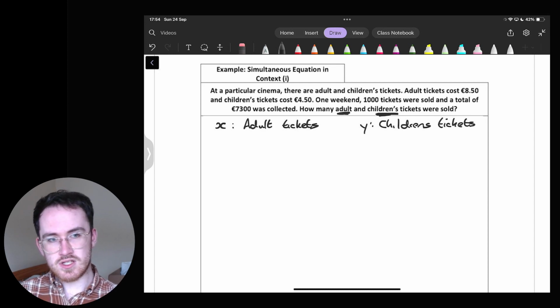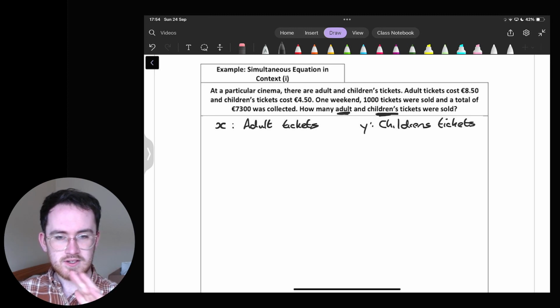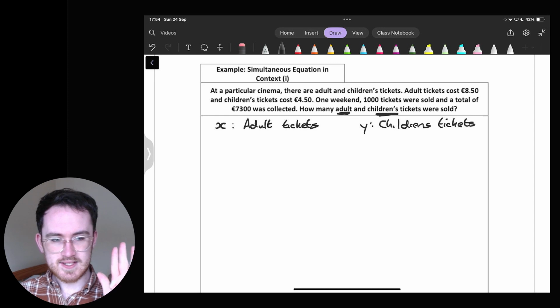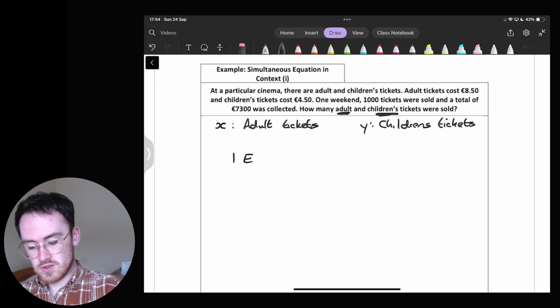With these questions, and I don't want to say it's true for all cases, but nearly always one of our equations will just come from the context of our variables. Here, x and y are tickets, so one of our equations is going to be to do with the number of tickets.